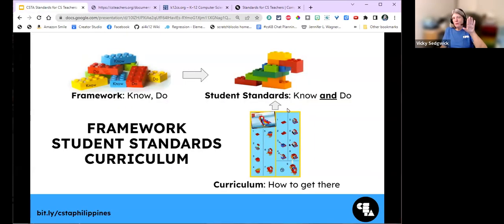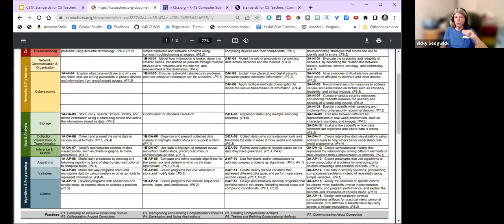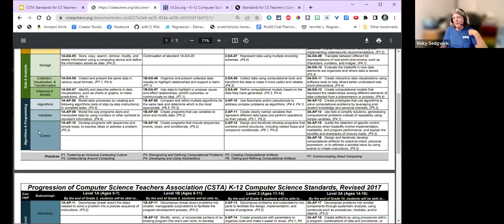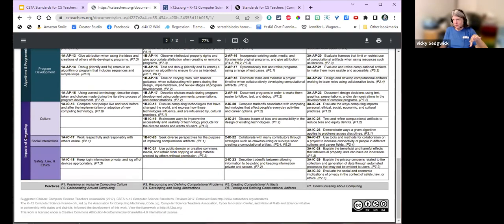So once you have the standards, you can get curriculum that hopefully meets those standards, right? I will tell you now that it's very rare for a curriculum to meet all of the standards. Almost all the curriculum out there do a really good job with the algorithms and programming standards. And they might do okay with some of the impact standards.